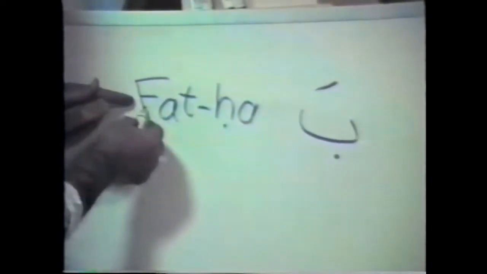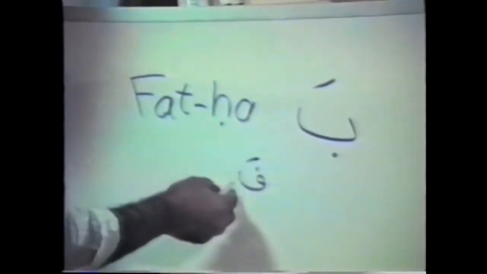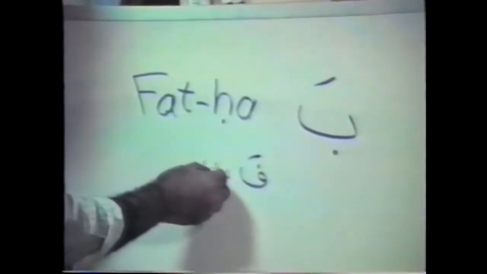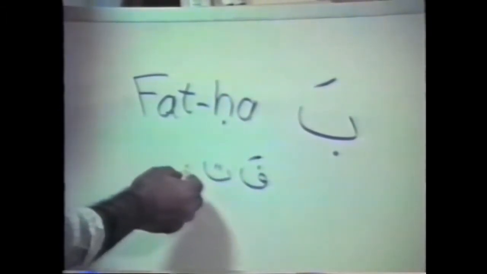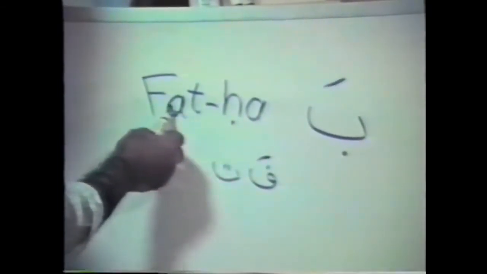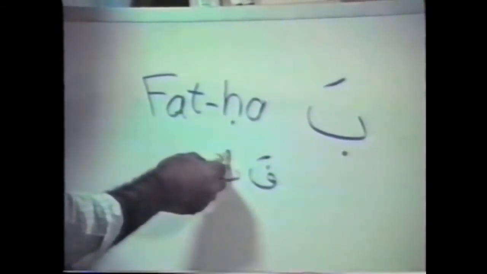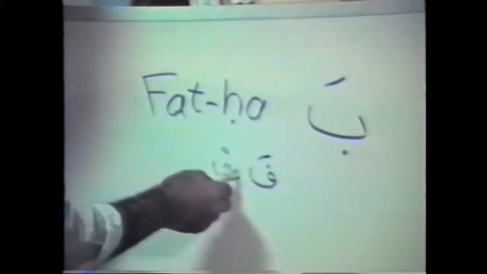The letter F, you go to the right side, here's the letter F. To make it fa, the vowel, you put a slanted dash on, so it makes it fa. The next letter is T, and you remember from the alphabet, this is what the ta looks like. Now we are making a stop here, fat. So you put a circle on it, makes it fat.